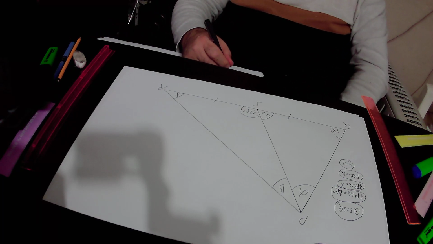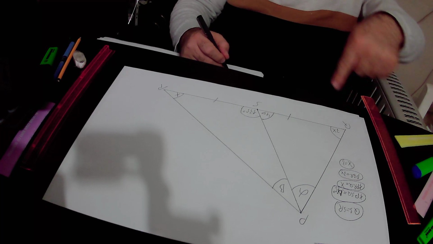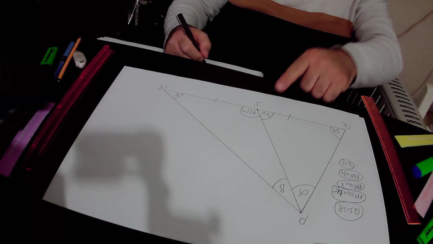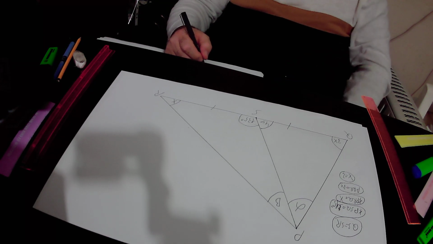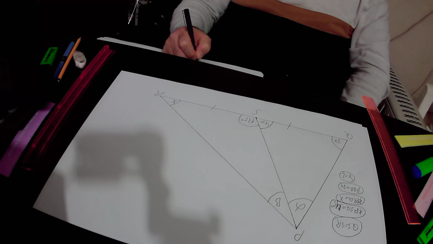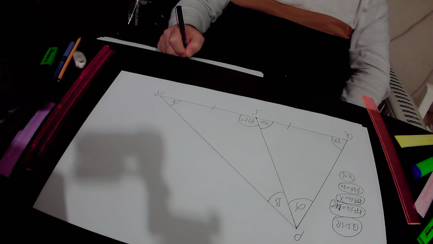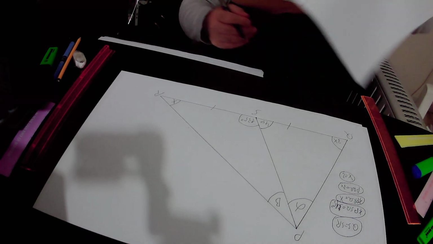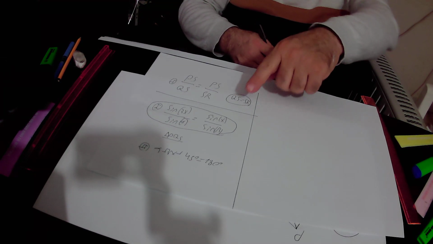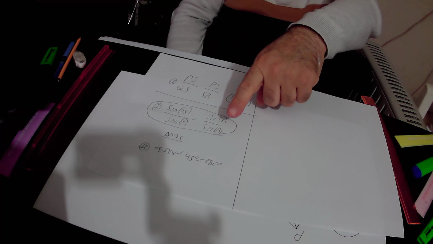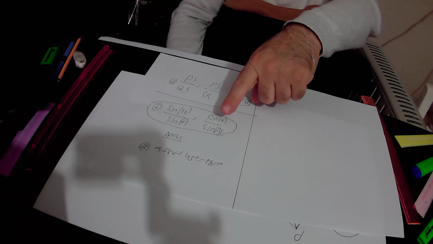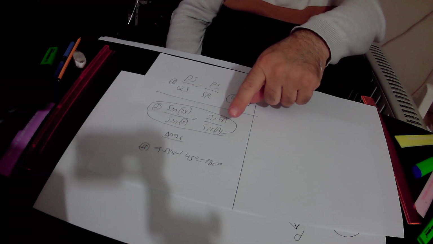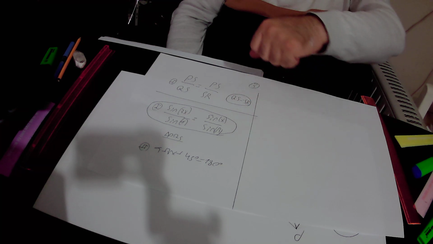That is to say, alpha plus 3x plus 45 degrees must be equal to 180 degrees. I repeat again. According to the rule that the sum of the angles in any triangle is equal to 180 degrees, we will get that in triangle PQS, alpha plus 3x plus 45 degrees equals 180 degrees.